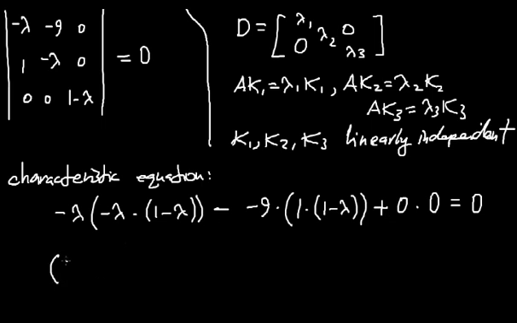So when we factor 1 minus lambda out, we'll get 1 minus lambda times minus lambda squared, which is, minus lambda times minus lambda, which is lambda squared. From that, we subtract that 9 thing there, but it becomes plus now, because there were 2 minuses. So it's lambda squared plus 9. And the 1 stays there and drops out. So that equals 0.